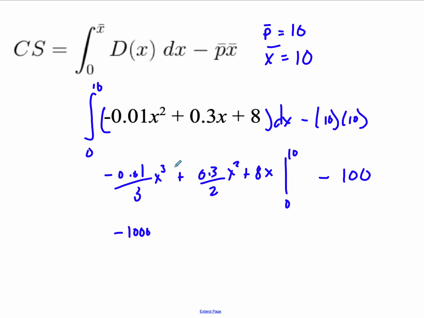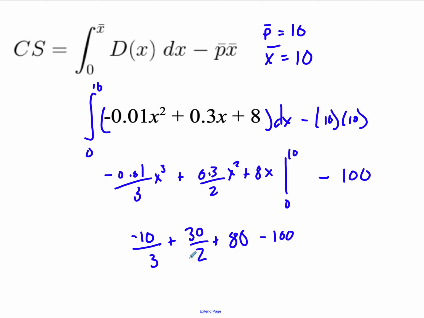I just have to be careful here. 10 cubed is 10 times 10 times 10, and that is 1,000. Then I multiply by 0.01 and I get 10. It's a negative, so it's -10 over 3 plus, okay, 10 squared is 100, so this would be 30 over 2 plus 80 minus 100.